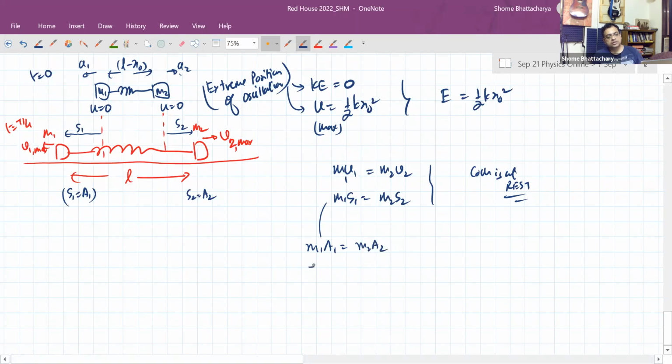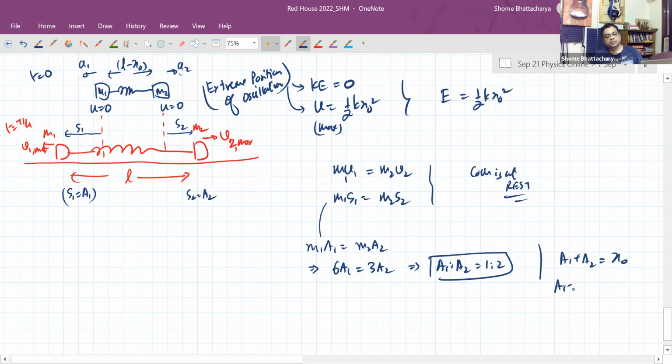So in this case, you can see that 6 kg into A1 is equal to 3 kg into A2. So A1 is to A2 is 1 is to 2. And you have S1 plus S2 is equal to, in this case, A1 plus A2 is equal to x naught.